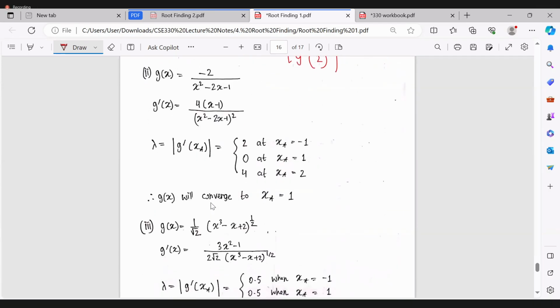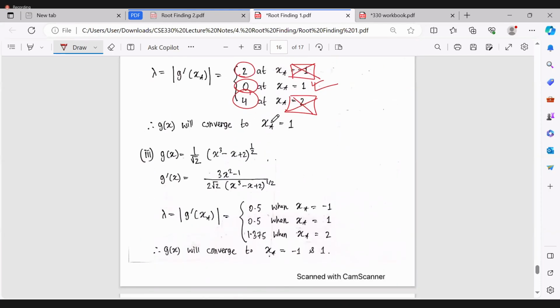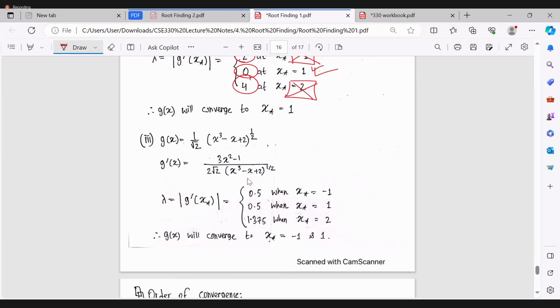In the next form, you just get this is divergent, this is divergent, this is convergent. So -1 and 2 are blocked. Only 1 is open. Okay? Since these are divergent for -1 and 2. For this form, you'll see that this is divergent. So 2 is blocked for this form.